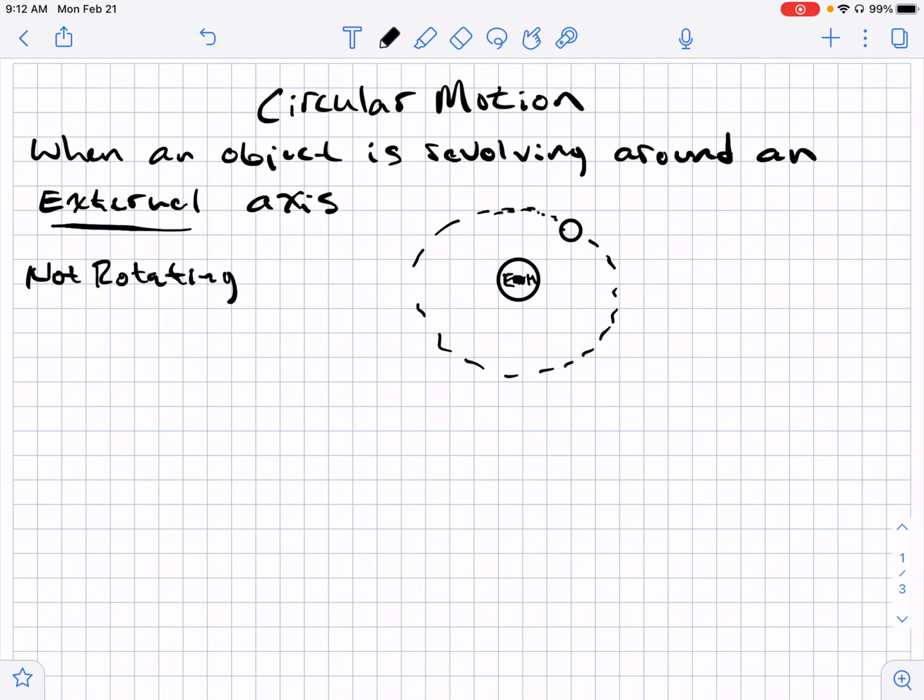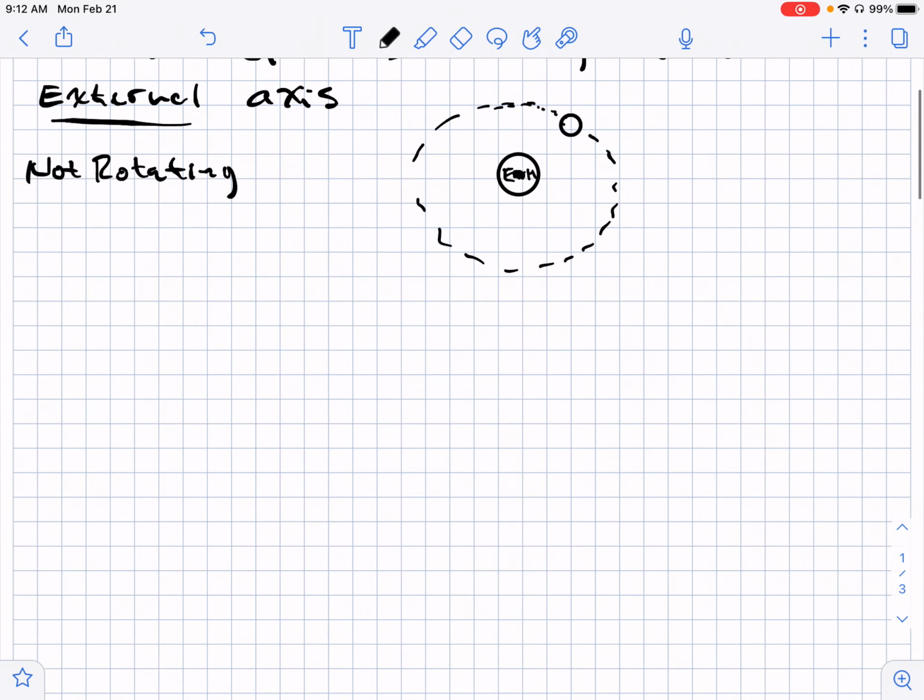Let's go ahead and draw ourselves another circle. Let's say I have a string that's attached to some kind of ball, and I'm swinging it in a horizontal circle.